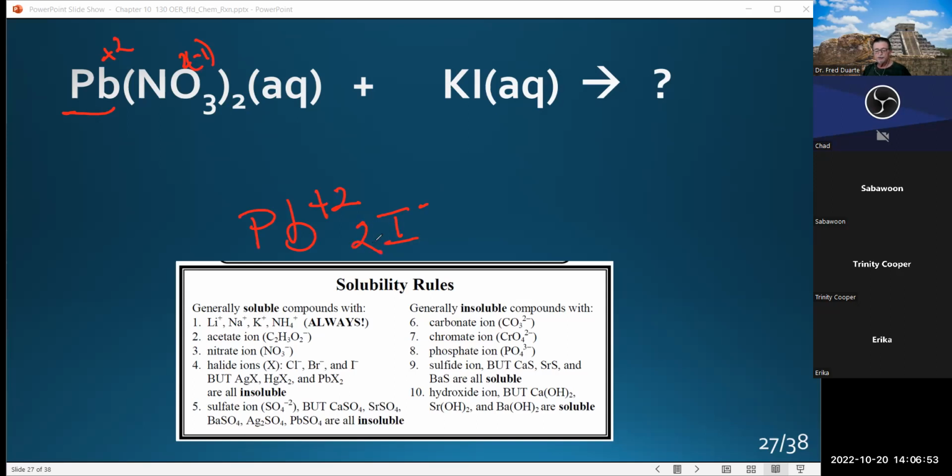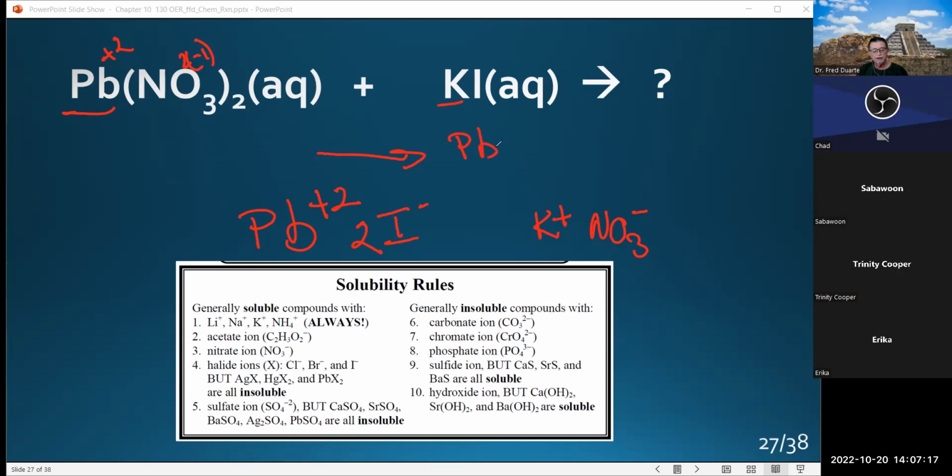So that means I'm going to need 2 iodides for every lead +2. And then we have the potassium and the nitrate, potassiums have a +1, and the nitrates have a -1, so we can just put those together as a 1-to-1 ratio.